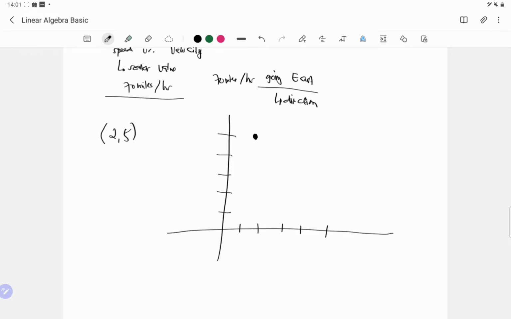In vector representation, it is usually written with a bracket, 2 5, and when you represent it in a plane, it has this direction from the origin. So now this is the vector (2, 5). As you can see, it already has the direction.